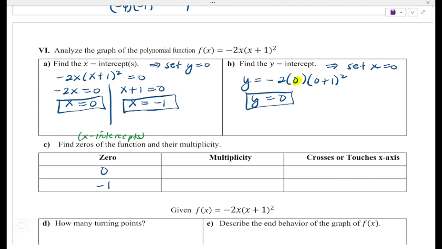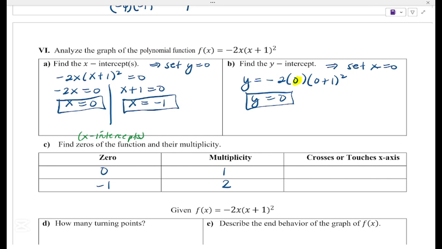And then multiplicity is the power where the zero comes from. So for example, this 0 comes from negative 2x, and the power of x is 1. So it's multiplicity 1, meaning the zero which is 0 appeared once because it comes from a factor which is x to the power 1. And then the zero which is minus 1 comes from the factor x plus 1, and this appeared twice, so the multiplicity is 2.